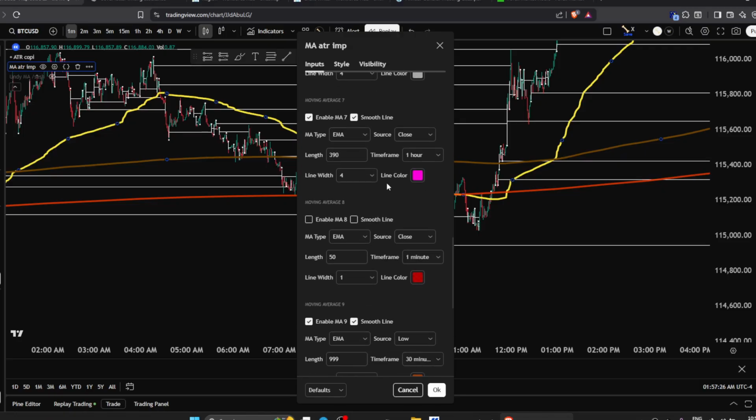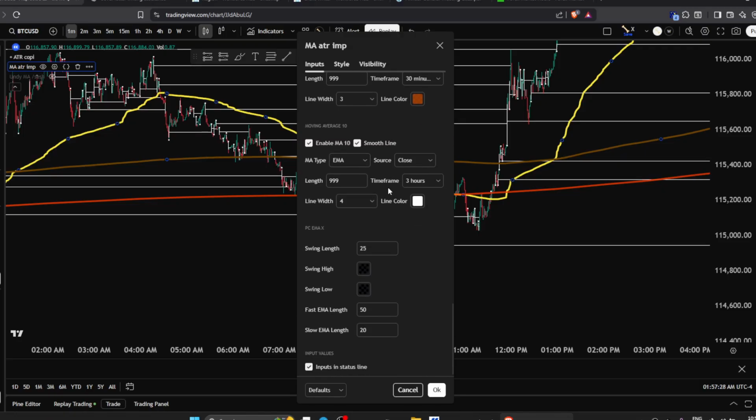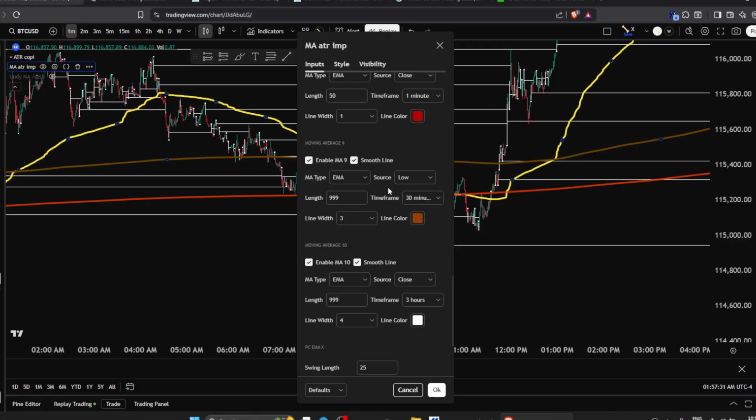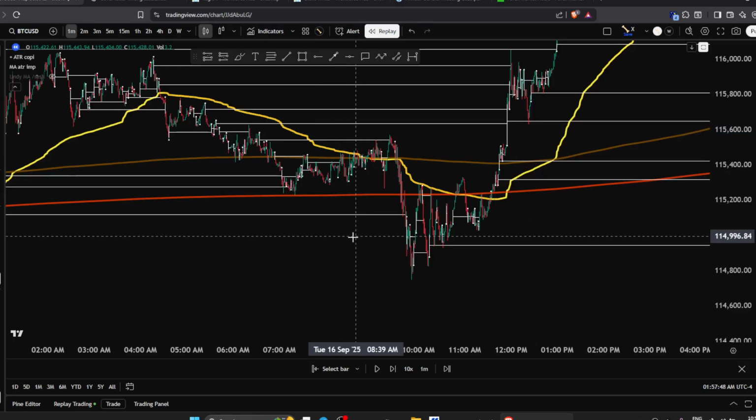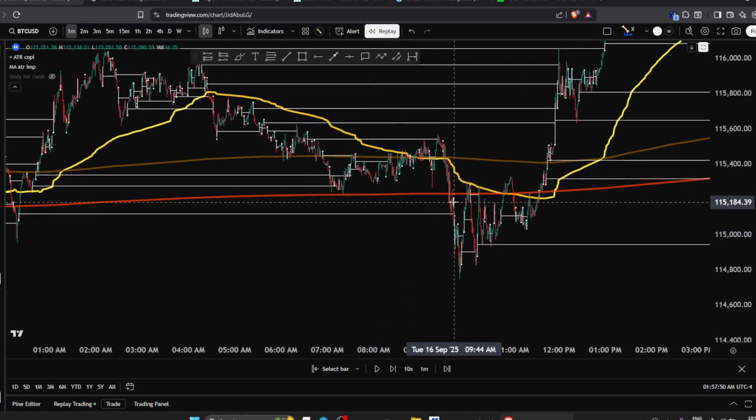Most indicators you wouldn't be seeing those on the smaller time frame charts, but with this modified one you're able to see higher time frame moving averages like 1 hour, 2 hour, 4 hour on the 1 minute chart, which is really handy.